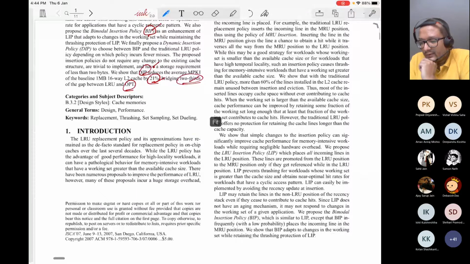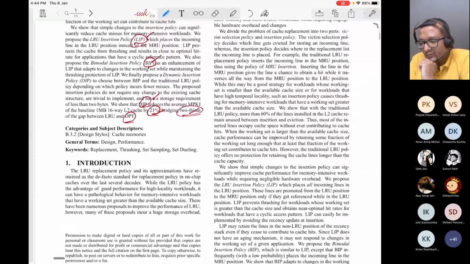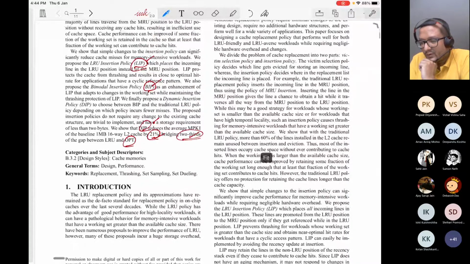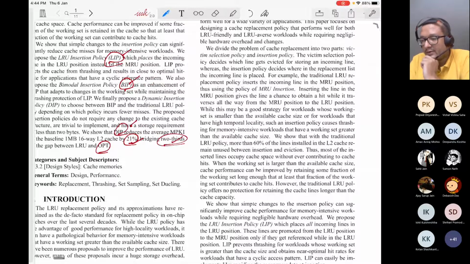Assuming I know the basic paragraph about replacement policy, I'll just leave it. Then I will go to the introduction. If something is written in italics, the font is different, that means the authors want to emphasize something. In LaTeX, it must be written with \emph.